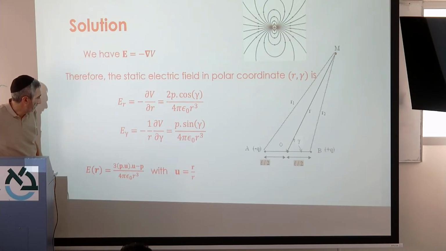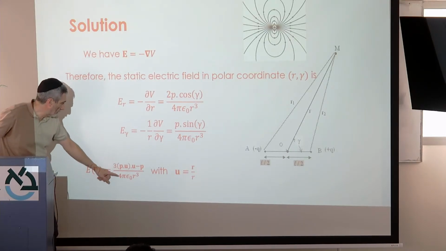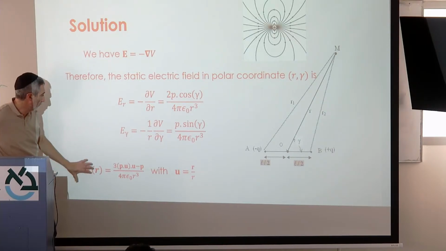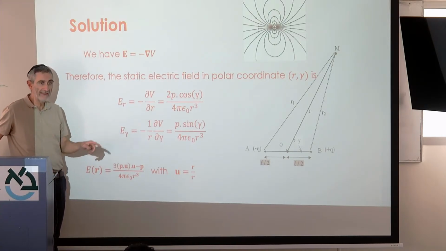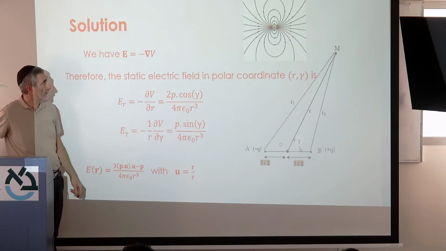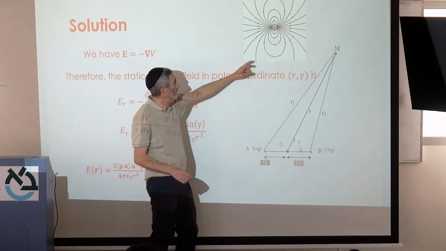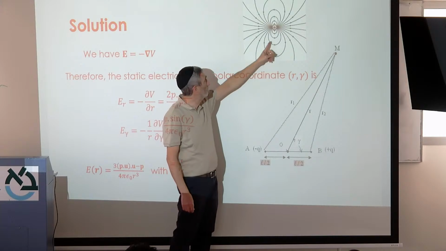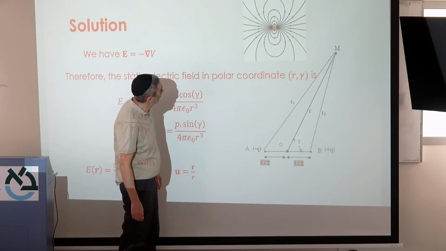At the end, you can leave it like that, or you can group the two into this expression here, which gives you the E field at position R. Again, you see here this UU minus I, which tells you that the field is perpendicular to R. That would be like the field lines. So at any position, the field should be perpendicular.